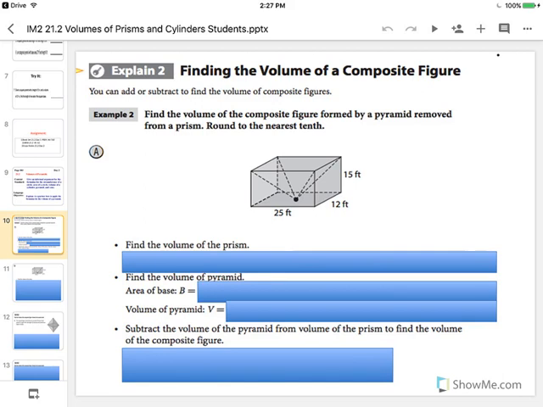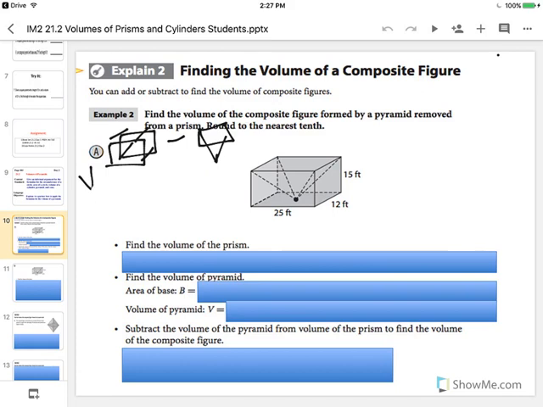For this one, we can think of it as first finding the volume of the prism and subtracting the volume of the pyramid from it. So let's find the volume of the prism first.